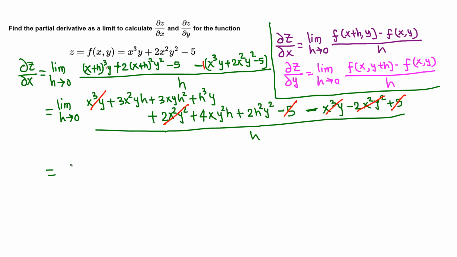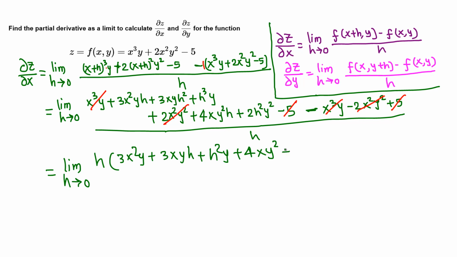Okay, so once we take h out from the top, we get here 3x squared y plus 3xyh plus h squared y. One copy of h is out, plus 4xy squared plus 2h y squared, all over h. Now we can cancel h and h.